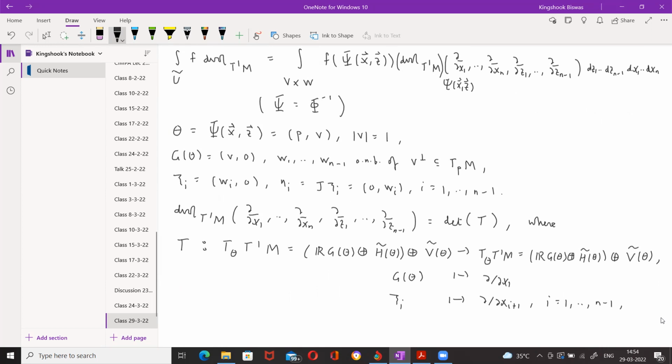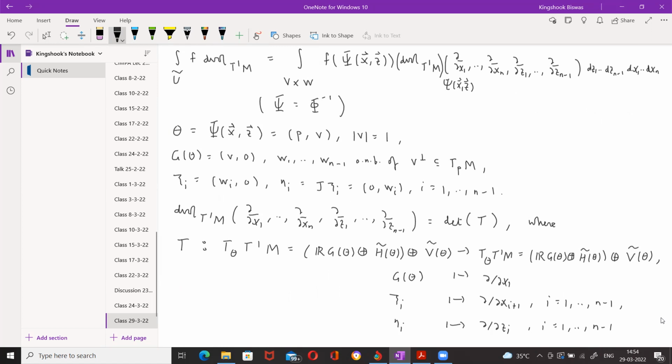And then eta i maps to del del zi, i goes from 1 to n minus 1. Right? This is the change of basis from the orthonormal basis to this basis.